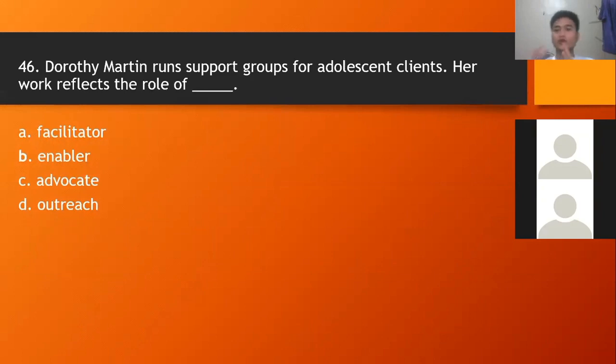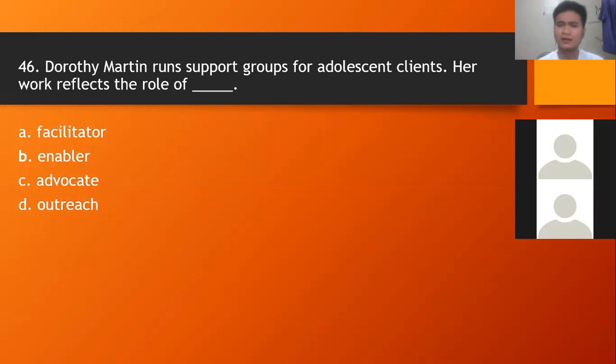When we say support group, example ng support group is Alcoholic Anonymous or AA. Meron din tayong Narcotics Anonymous. Meron din tayong mga support group even in church. But pag sinasabi natin support groups in adolescent class, this may refer to the adolescents who have difficulties.